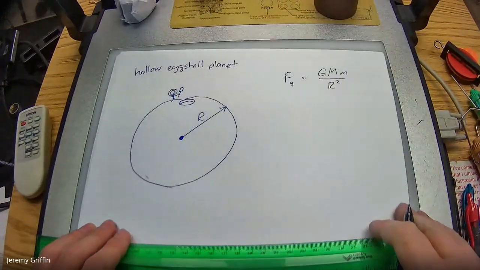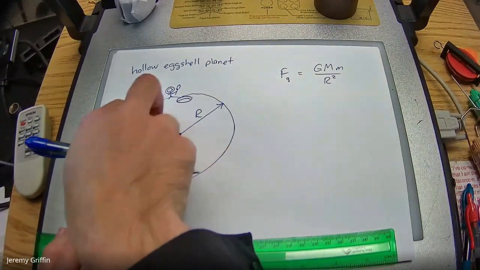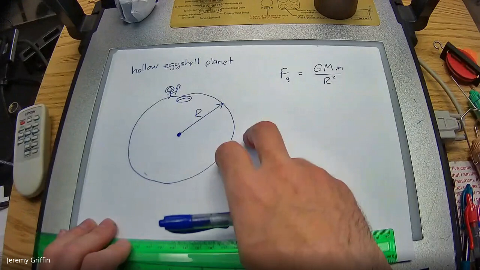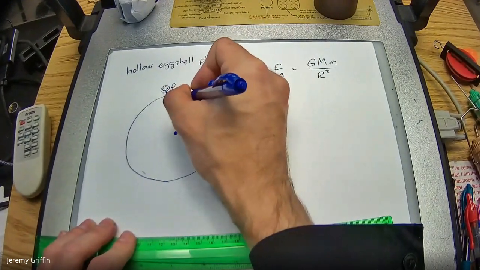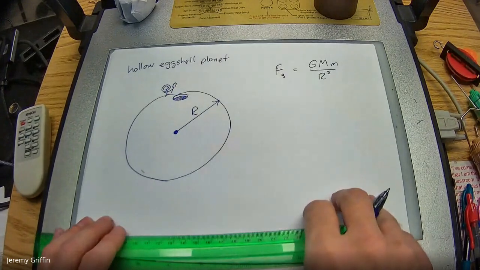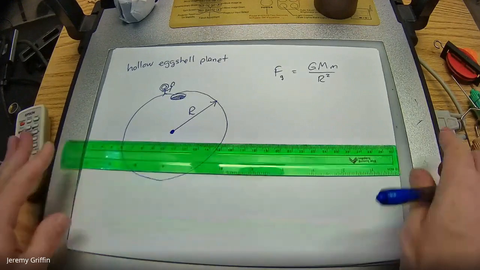Not like Earth. Okay. And then, now, keep in mind, you can walk around on the surface. Everything's perfectly fine. But we have this idea. I want to jump in that hole. And I wonder what's going to happen if you're inside this eggshell of a planet.